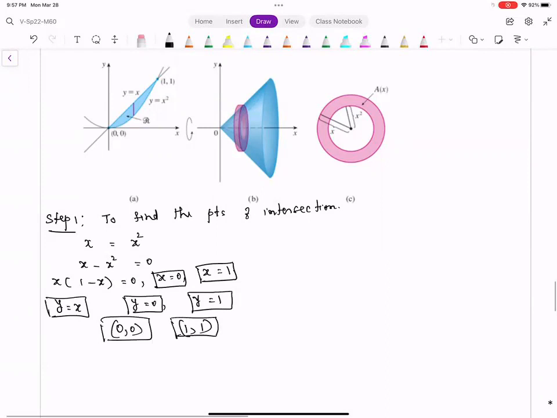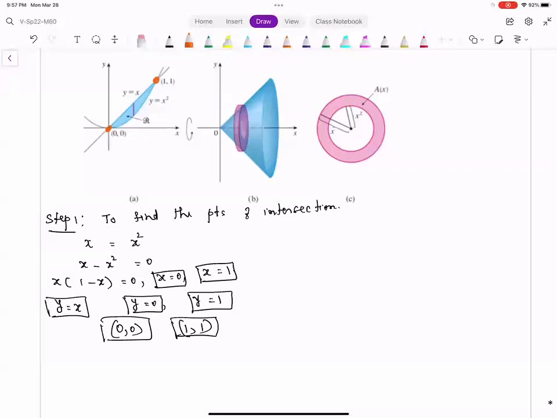Which is what's shown in the graph here, 1, 1 and 0, 0. It's already shown. So you have this particular region and we have to rotate this about the x-axis.